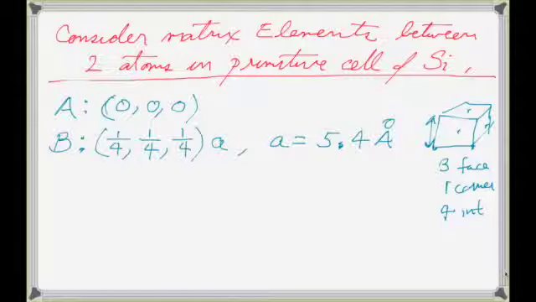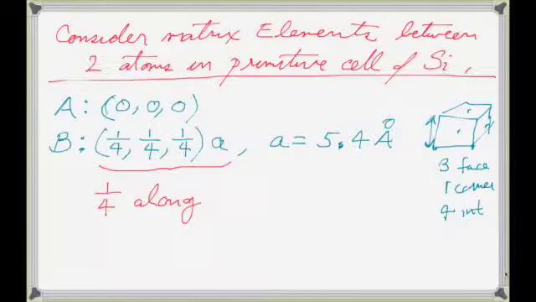All right, now if we look at these 2 atoms, the A and the B atom, you've got one at the origin, and you've got one offset a quarter away along the diagonal of the cube, right?